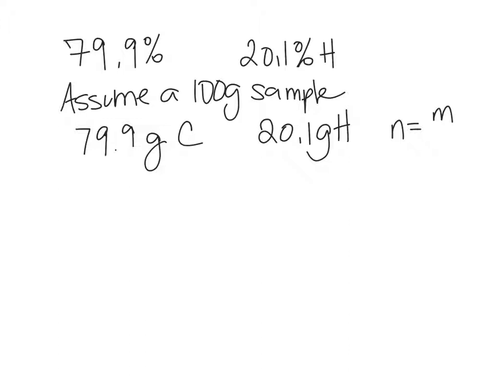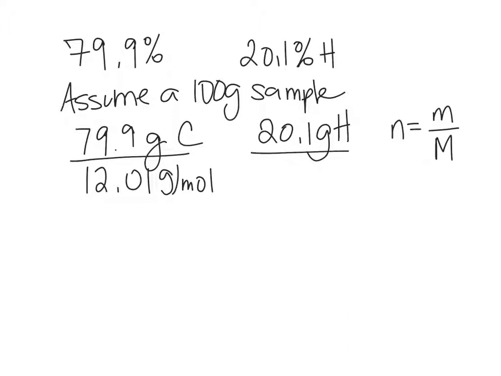M over big M. So, take the molar mass of carbon and put it underneath the mass of carbon. Take the mass of hydrogen and put it over the molar mass of hydrogen and do the math.